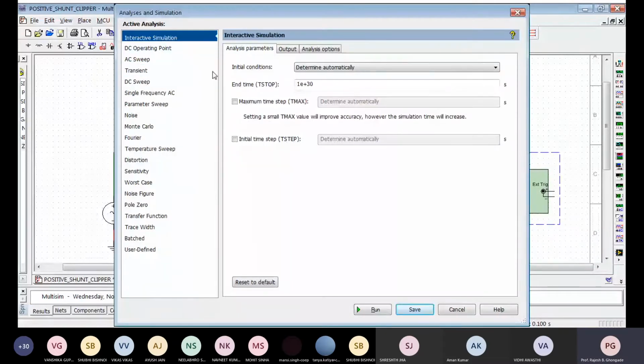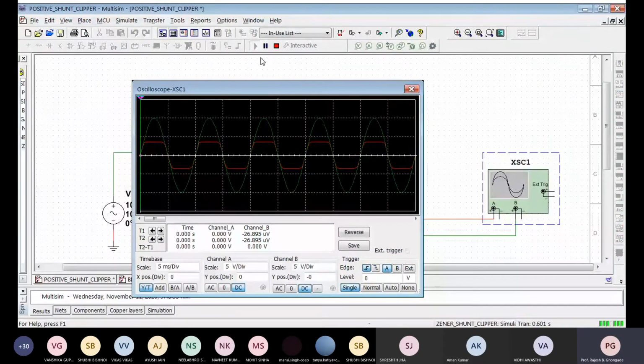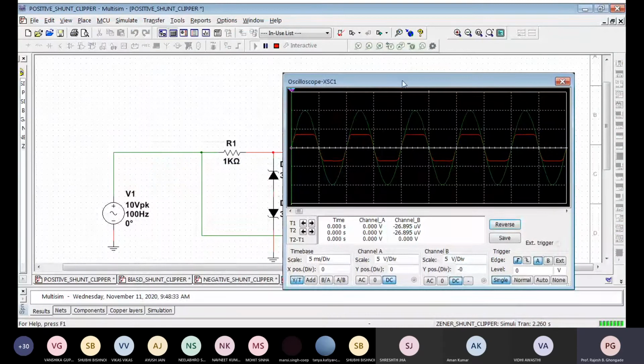Is it visible now? Yes, sir. So again, it's about 3.5 volts over here and minus 3.5 volts over here.